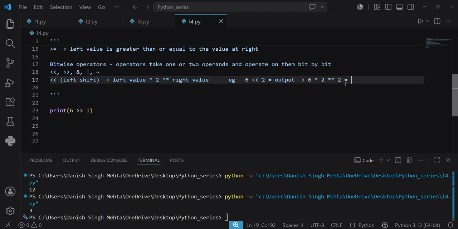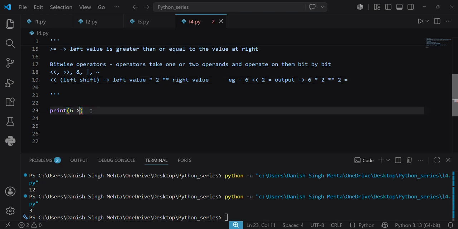So what will be the answer? 24. Oh yeah, it is multiplication, right?